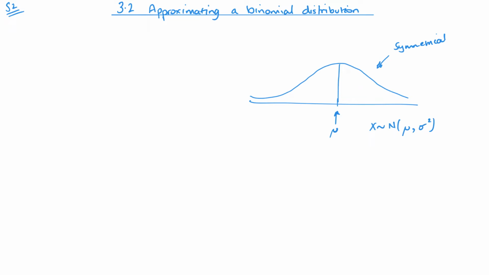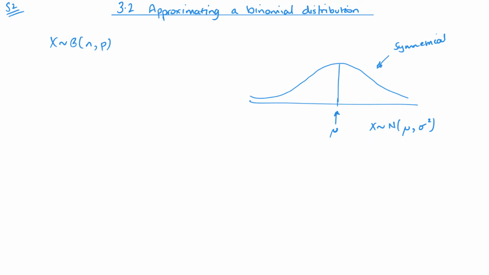Now, for us, looking at the binomial, under what circumstances could we use the normal approximation? It's quite simple really. We can use it when p is a half or as close to a half as possible.